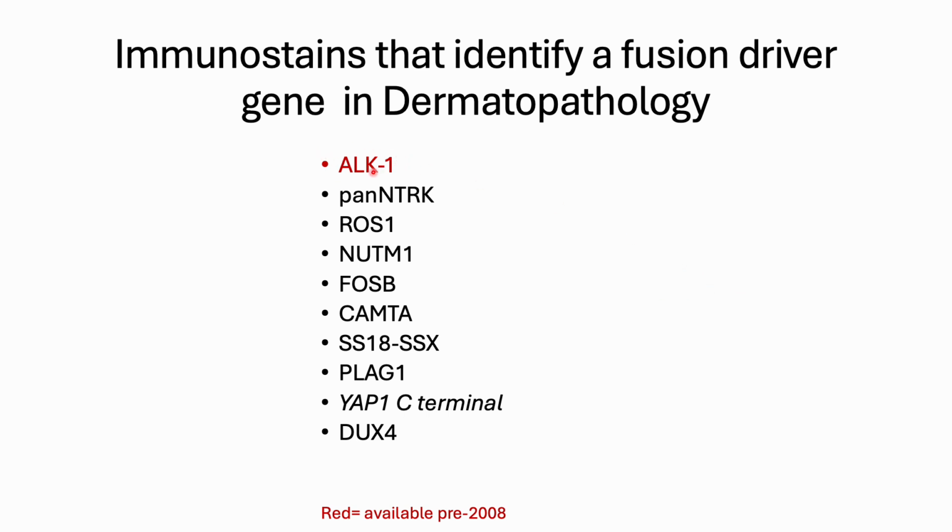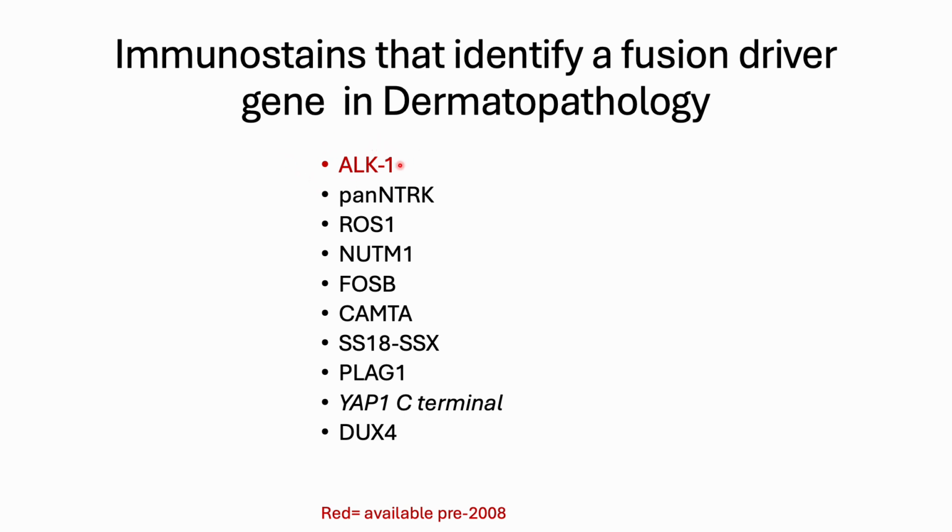So in red are the tests that were available pre-2008, and in black are the ones which have become available since then. So this slide shows immunostains that identify a fusion driver gene that's important in dermatopathology.